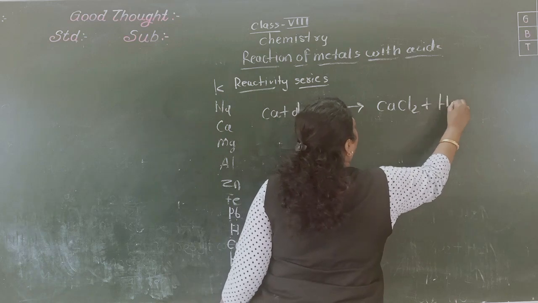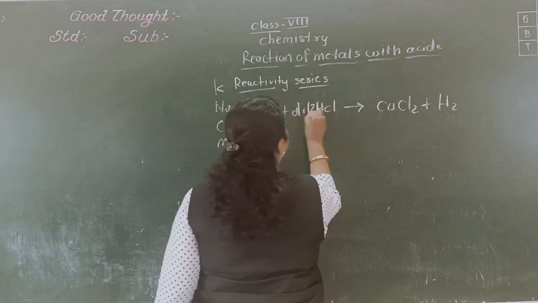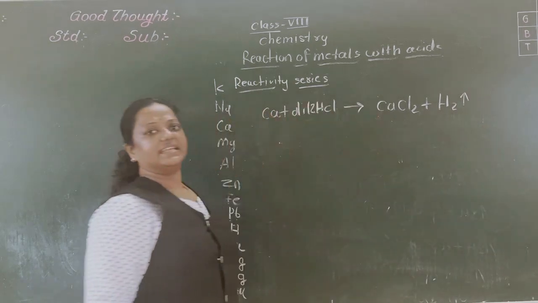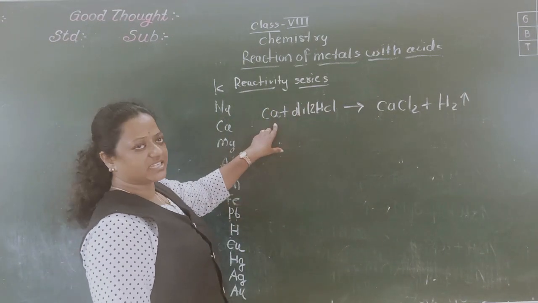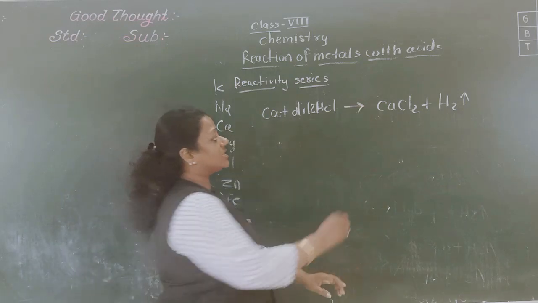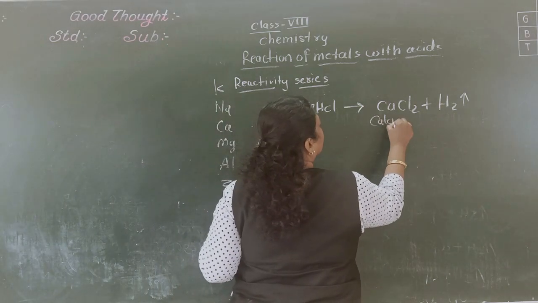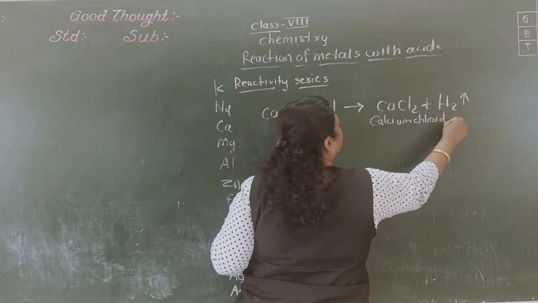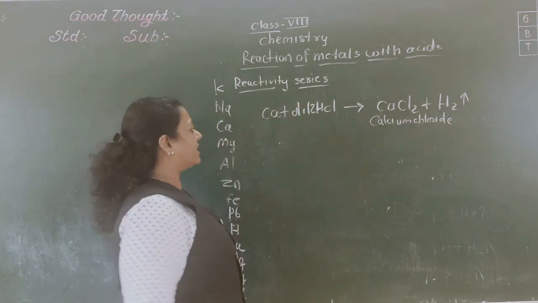CaCl2 plus H2 gas will get released. Here we have to write 2. So hydrogen gas will get released. When calcium reacts with HCl, we get calcium chloride. Calcium chloride and hydrogen gas will get released.